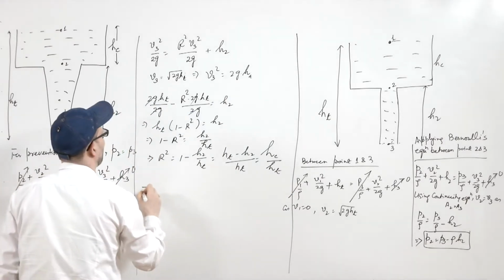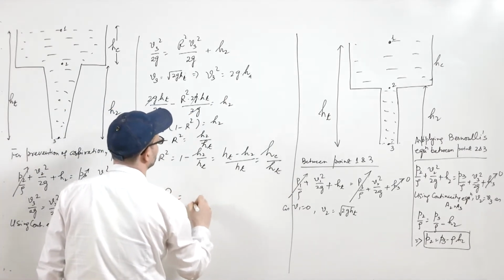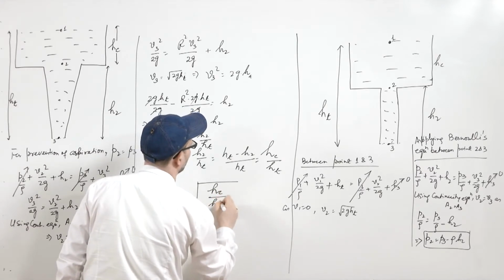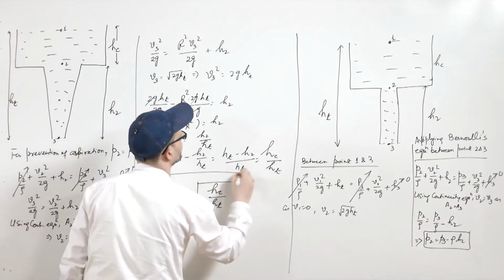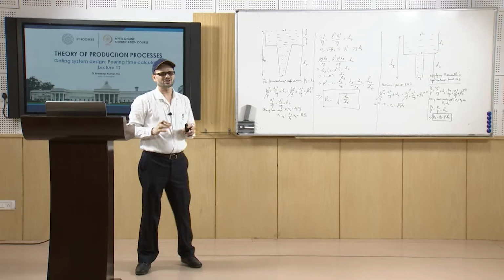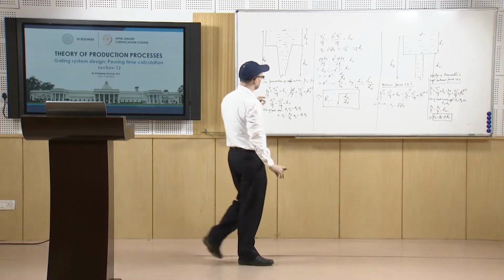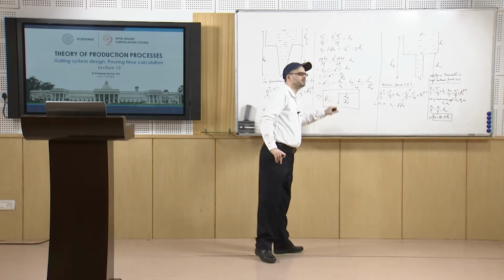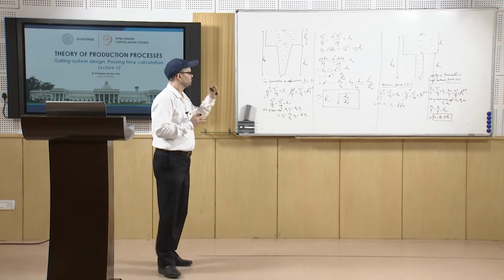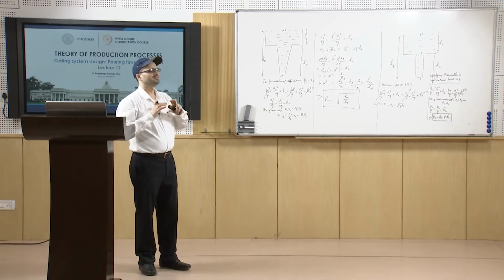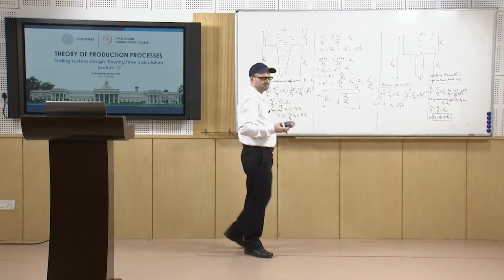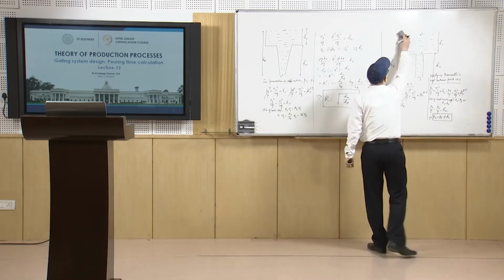So, this R is coming as under root Hc upon Ht, H subscript C upon H subscript T. This is the condition which should be followed for the prevention of aspiration, so that there is no aspiration in the gating system.